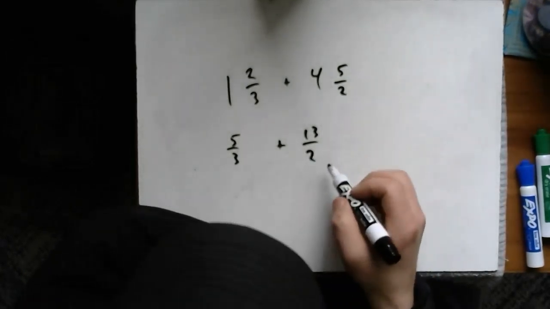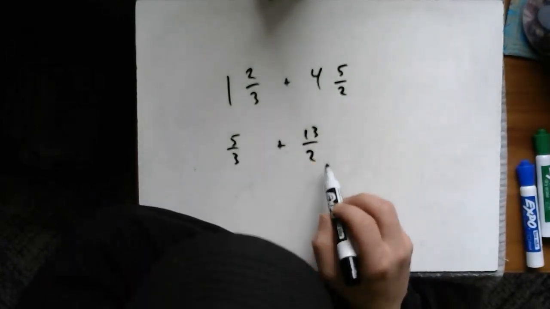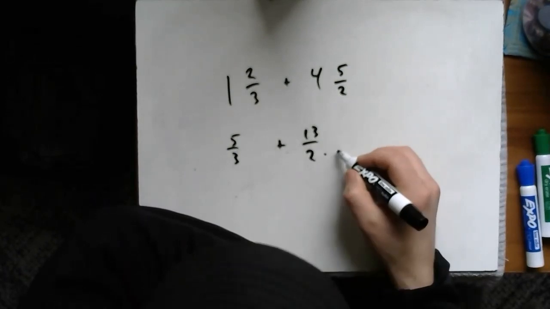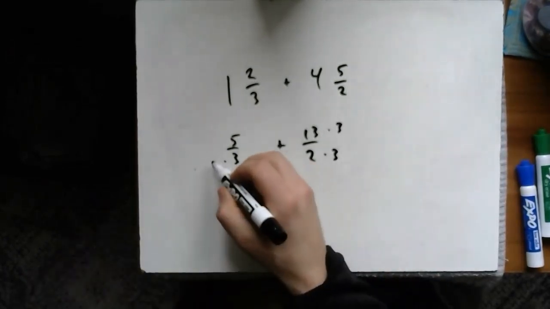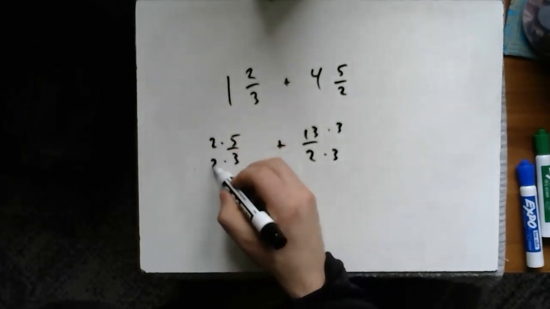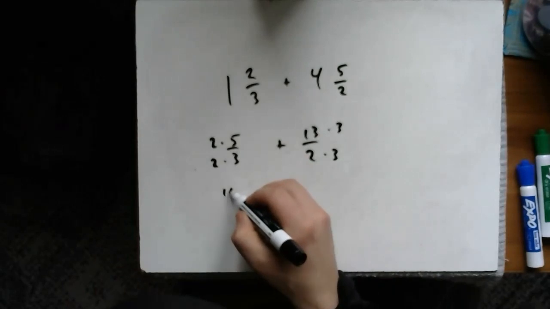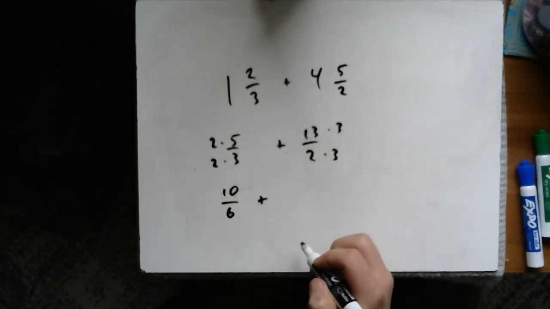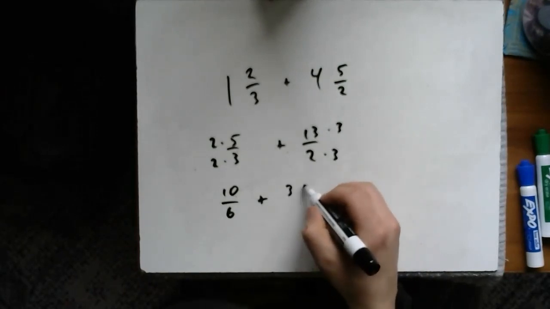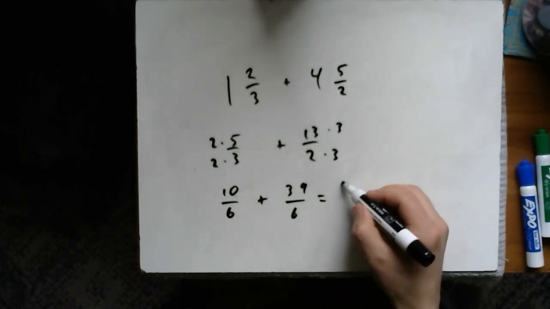All right, now I need common denominators. Well, I can't just multiply either of these by a number to reach the other, so now I'm going to have to multiply this. Well, if I multiply this by 3 and this by 2, they'll end up having the same denominators because they're both 3 times 2. All right, so that's going to give me 10/6 plus 13 times 3, that's 39/6, and that's going to be 49/6.